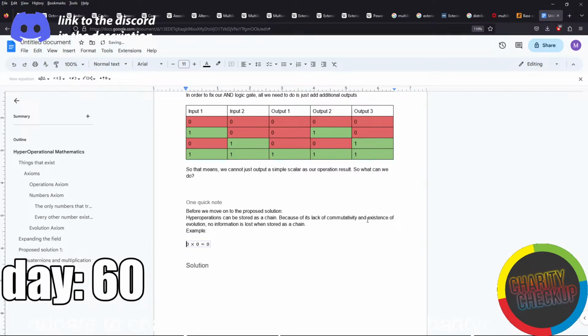Equation, if I may. 4 is equal to 2 up arrow up arrow 5, up arrow 10, up arrow 6 down arrow 8 up arrow 2.